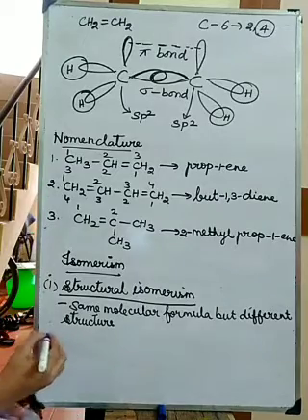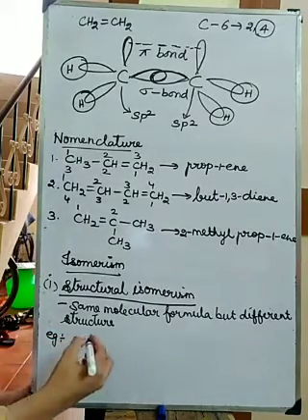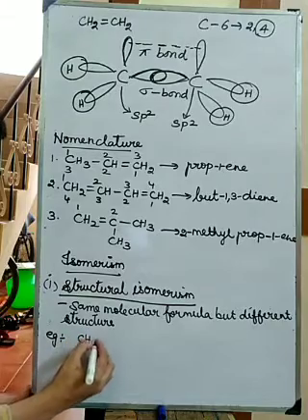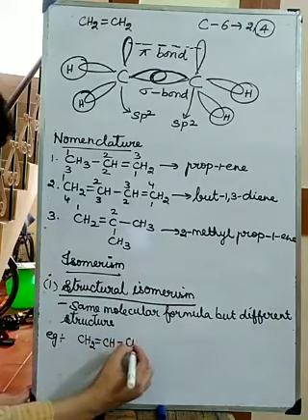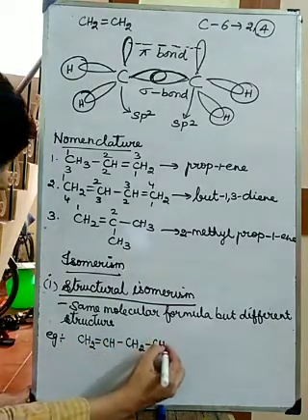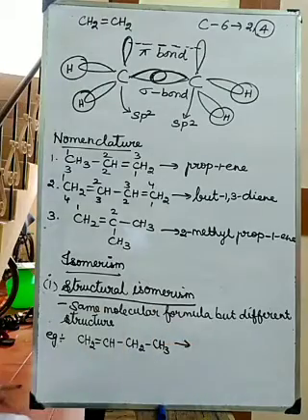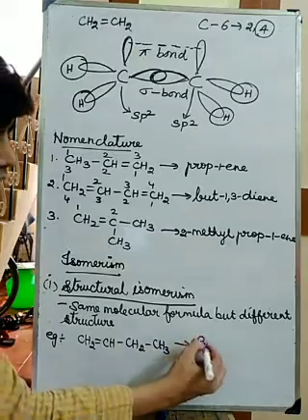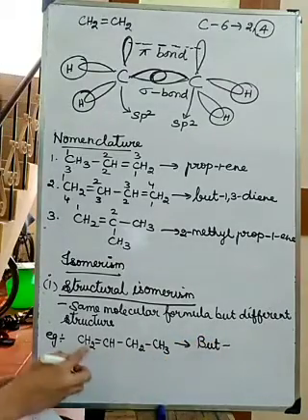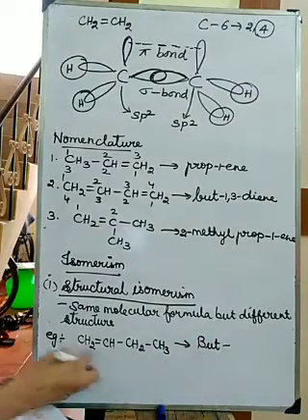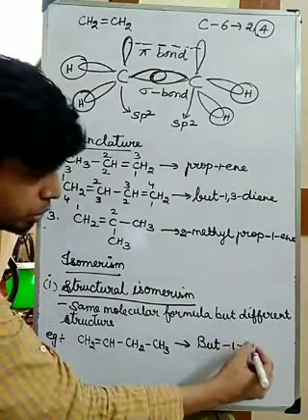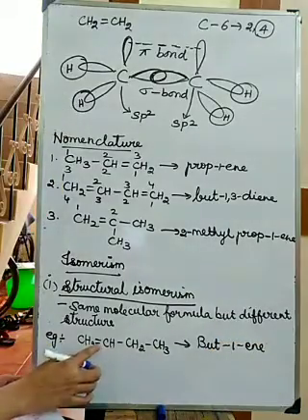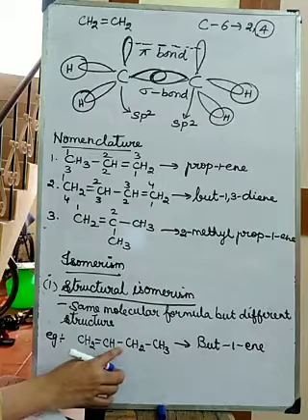For example, what is the name of this compound? CH2 double bond CH, CH2, CH3. 4 carbons, so it is but. In the first position I have the double bond, so it is but-1-ene. I can put this double bond in the second position also.